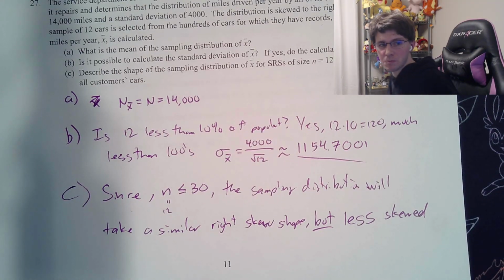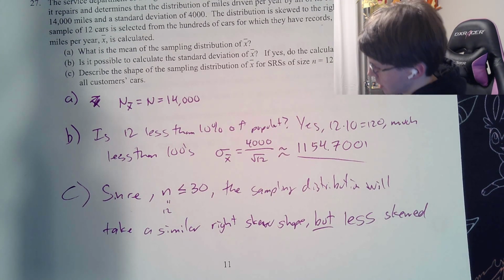The skew will not be nearly as bad as it was before, but it will still be skewed because our n is not greater than or equal to 30.